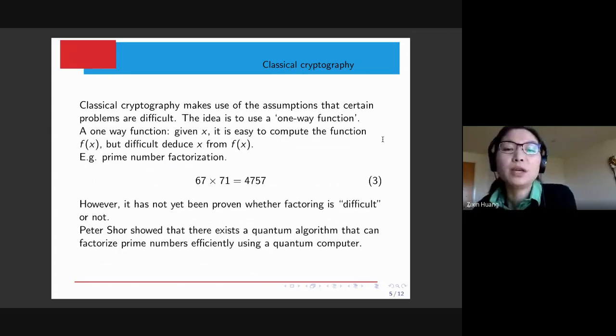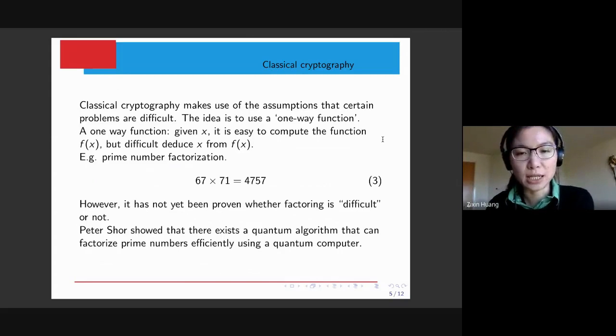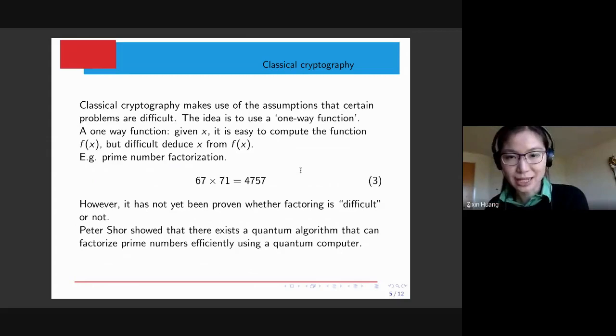For example, if I give you two prime numbers, 67 and 71, it is relatively easy to compute their product, given by equation 3 there. But if I give you the product, 4,757, it's much less easy to compute what the prime numbers are.